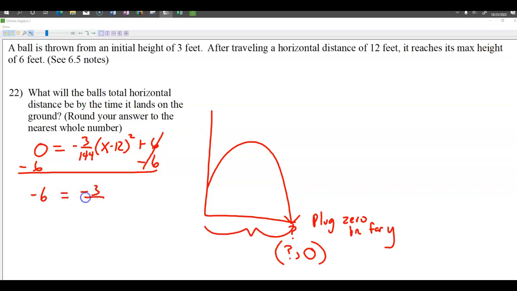This next step is a bit of a pain for the word problems because we've got a fraction here. What we're going to do is get rid of that negative 3 over 144 by multiplying the reciprocal on both sides of the equation.